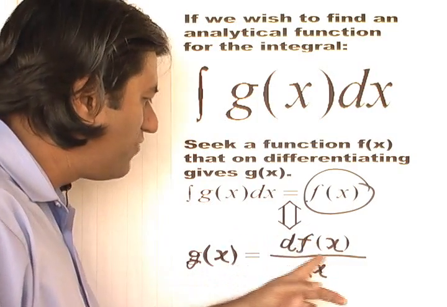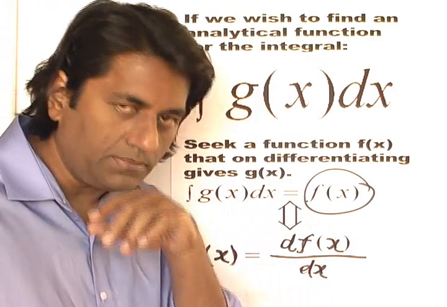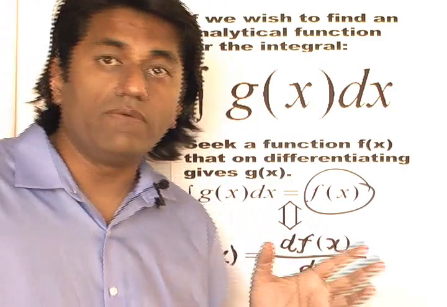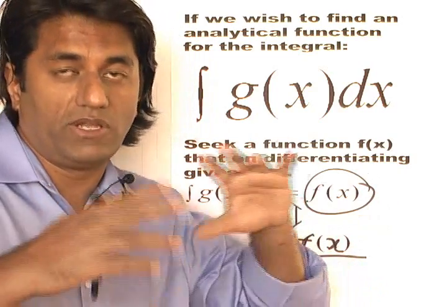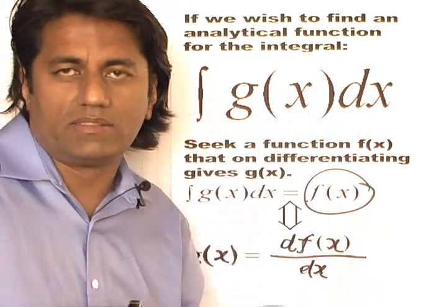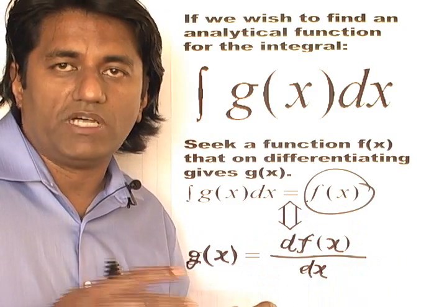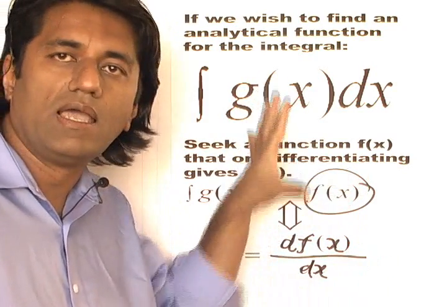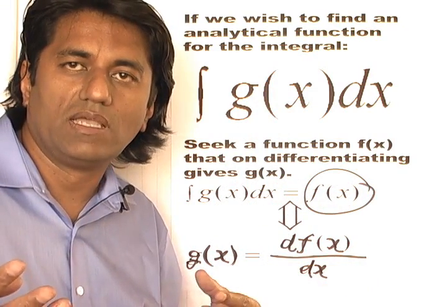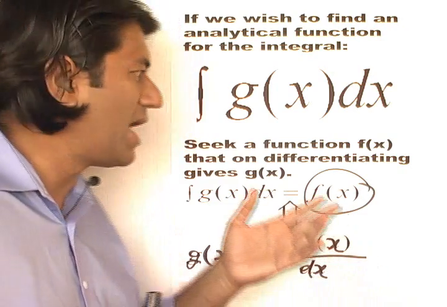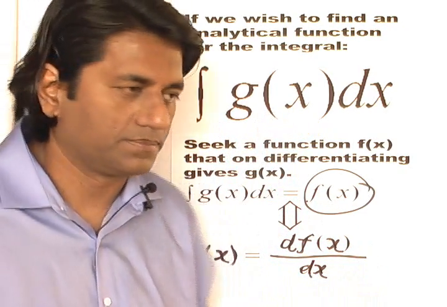And that f(x) then becomes the integral of g(x) dx. Derivatives can actually be calculated analytically. Integrals can't, because integrals are like adding little bits, that's not possible, but derivatives can be calculated from first principles. So this idea that integration and differentiation are reverse operations is used to find closed form solutions for integrals.